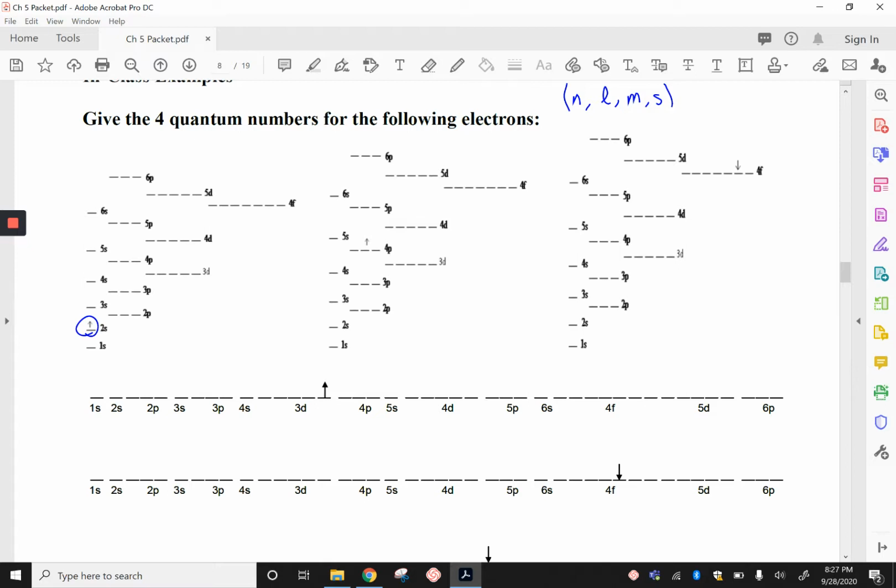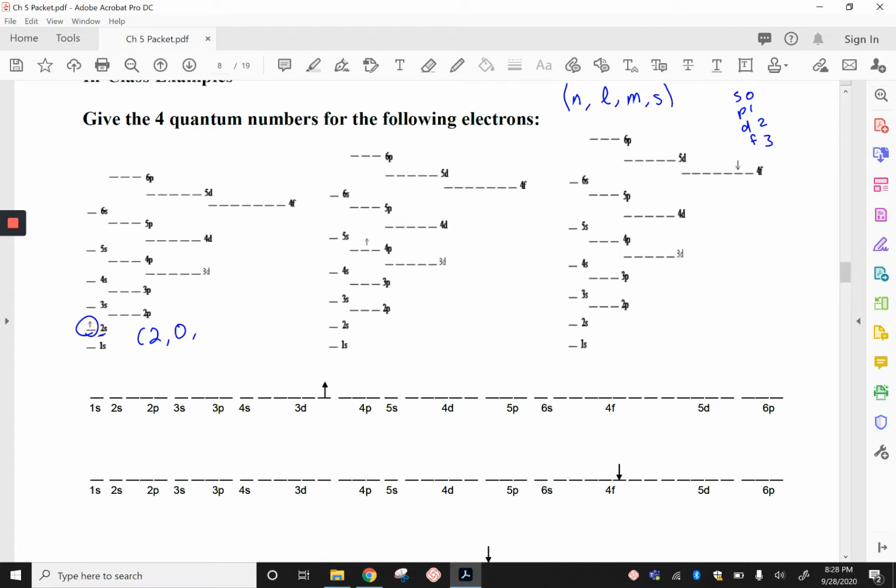The first quantum number is the energy level, and it looks like it's in the second energy level, so that would be a 2. Next is the sublevel. So it's an s. Remember what number corresponds to an s? S is 0, p is 1, d is 2, f is 3. So we're on an s, and that would be 0.